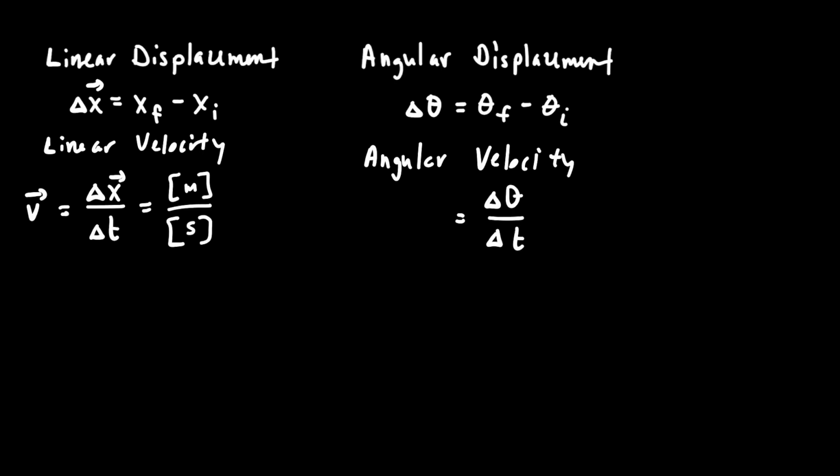And instead of writing v for angular velocity, we use the Greek letter omega, which looks like a lowercase letter w. And so because theta is a vector, it could be, let's say, clockwise or counterclockwise, it has a direction to it, then omega also is a vector.